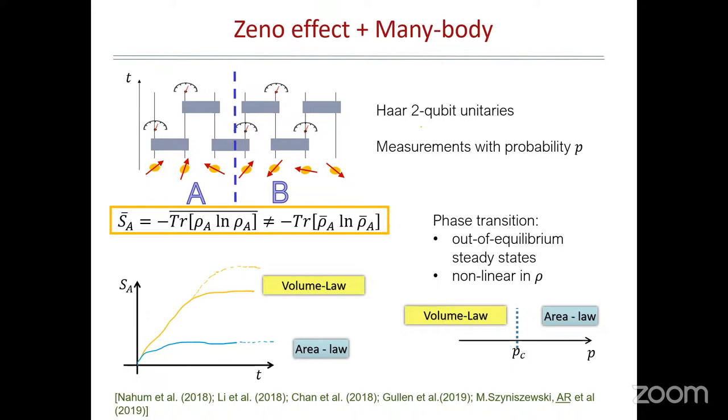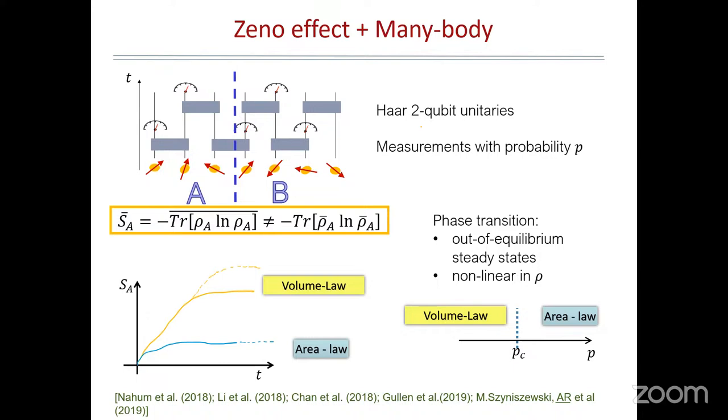And if you check how the steady state entanglement scales with system size, you find two different regimes, either volume law or area law. There will be a critical point in which the scaling with system size becomes critical, and becomes logarithmic. So the Zeno effect, when you go to a many-body system, gives rise to a phase transition between an area law and a volume law.